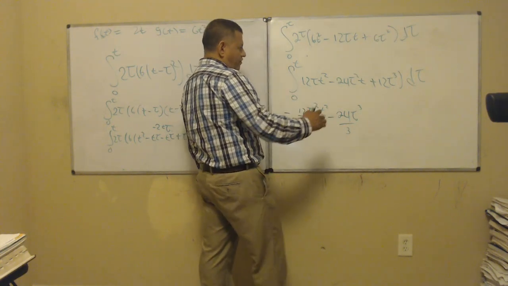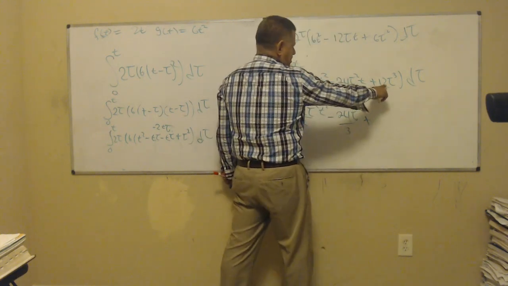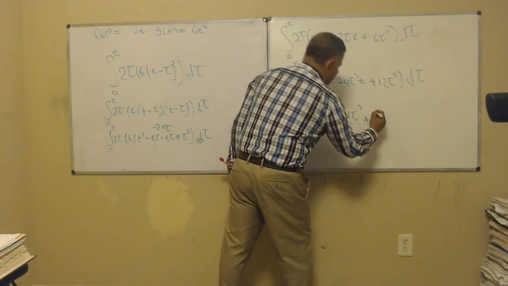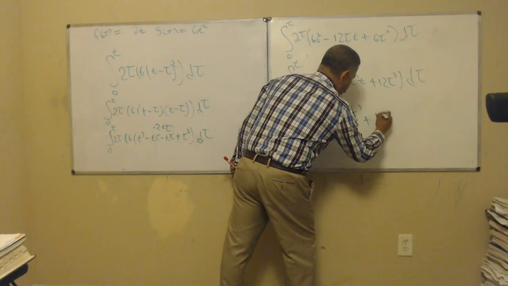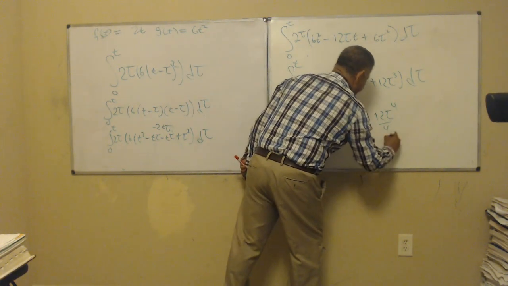And plus the integral of this is 12 tau to the fourth divided by 4.